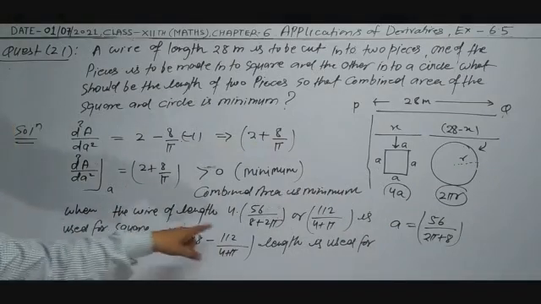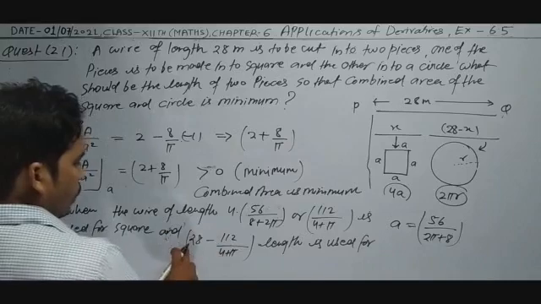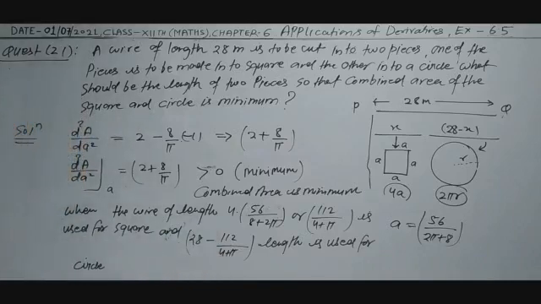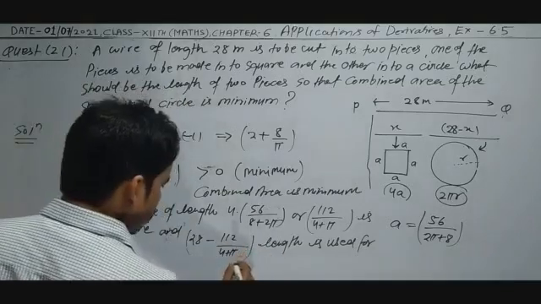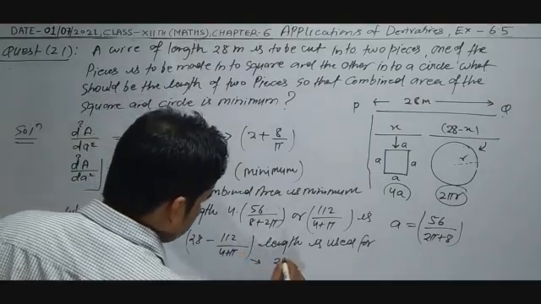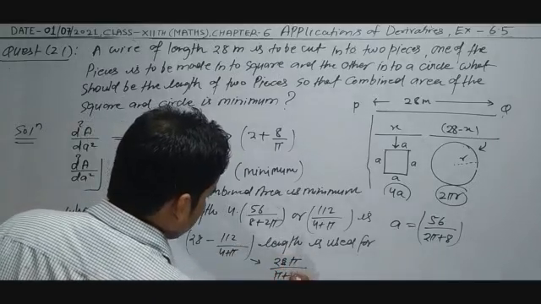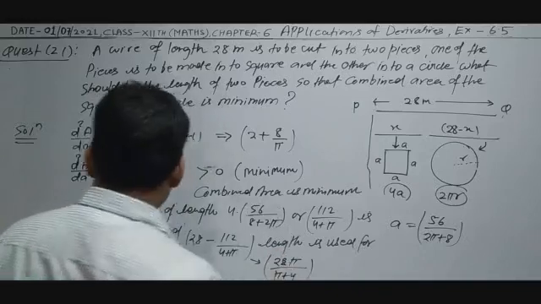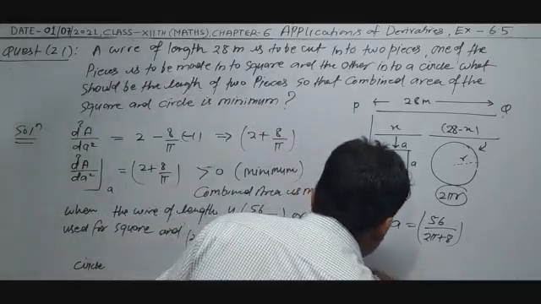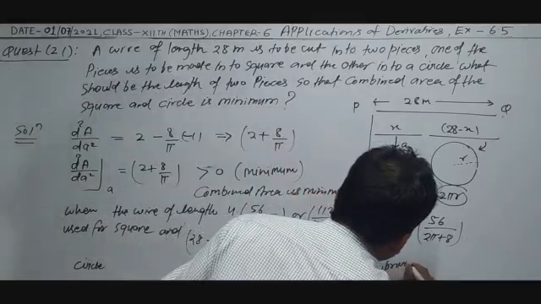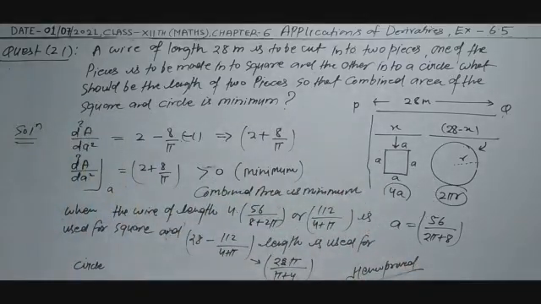Its calculation can be 112 plus 28 pi, 112 can cancel out, and the result will be 28 pi whole upon 4 plus pi. So this calculation can be 28 pi whole upon pi plus 4 also. Hence proved. This is the answer.